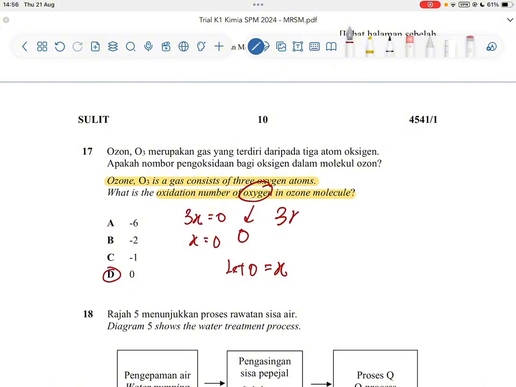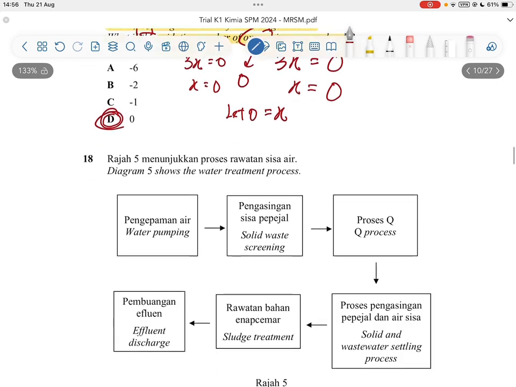So we will write 3x equals 0. Why 0? Because look at this O3. It doesn't have any positive or negative charge. So that means the oxidation number is 0. So 3x equals 0, do some mathematics. So x will be 0. So the answer would be D.